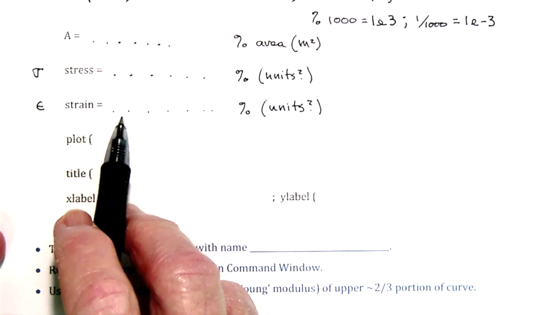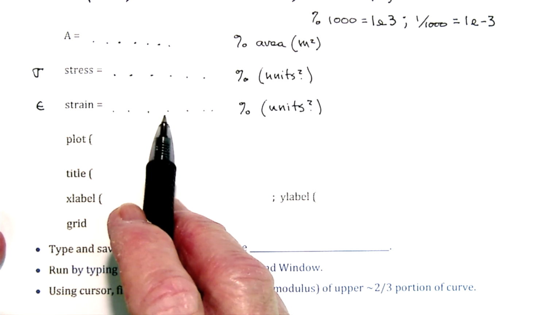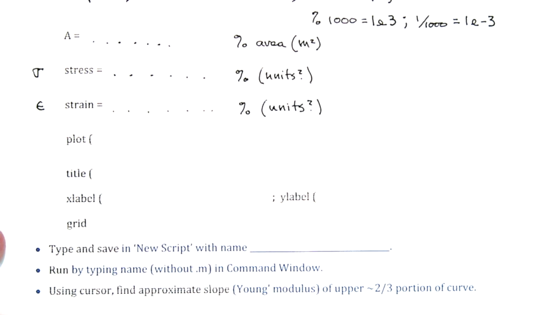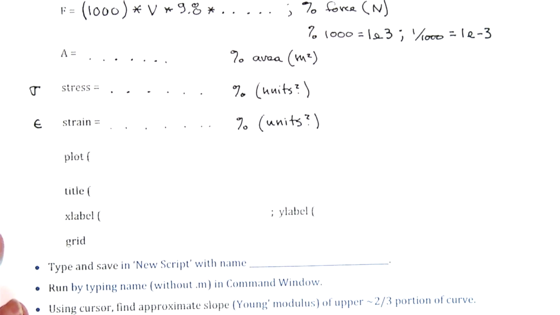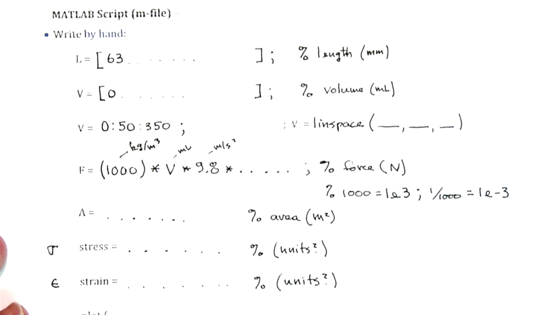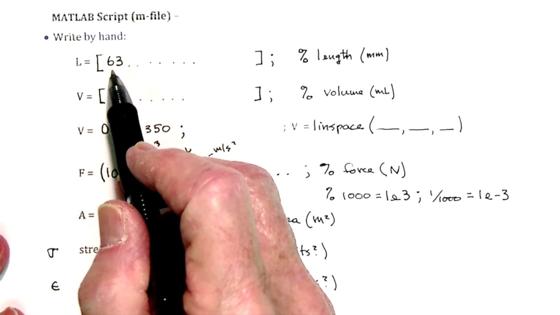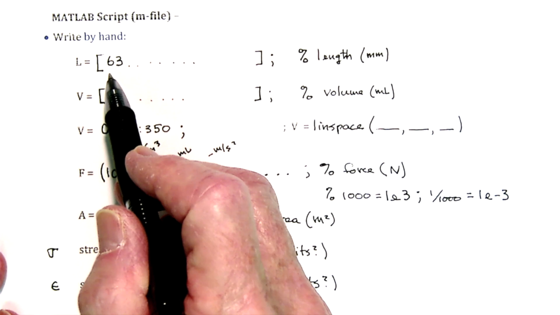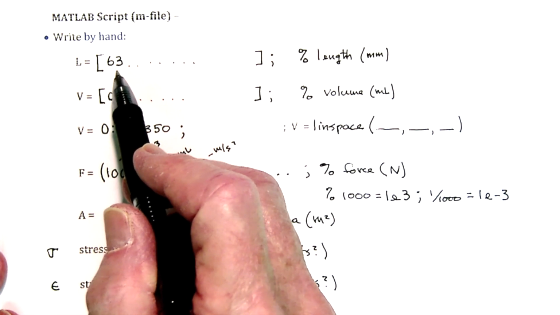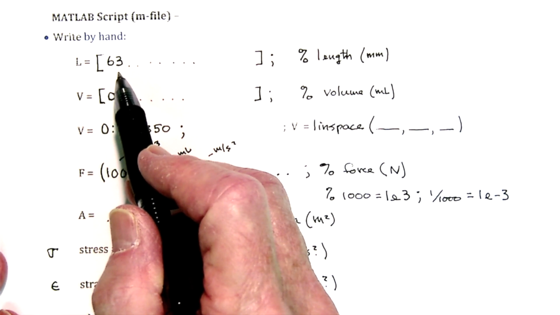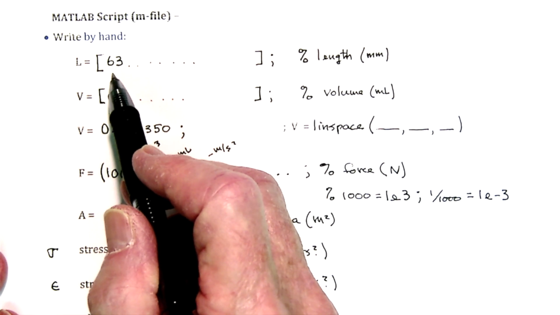Oh, I remember from the strain equation that it actually employs L sub 0, which the textbook calls L sub 0, which is the very first value of length. Well, here's the first value of length, and you could type in to that equation 63. You could hard code it as 63, but there's a more elegant way of doing it.